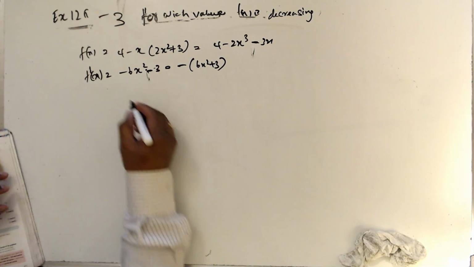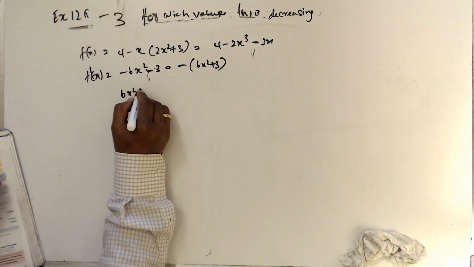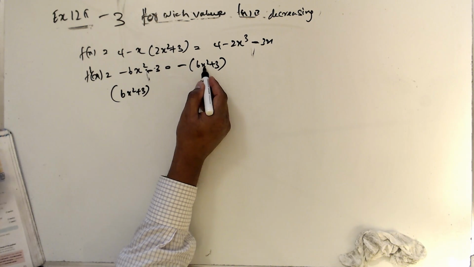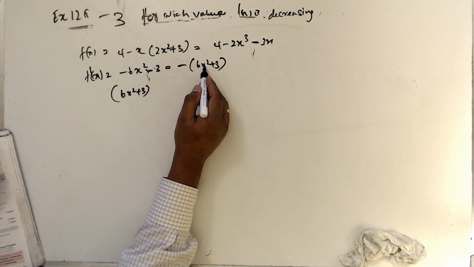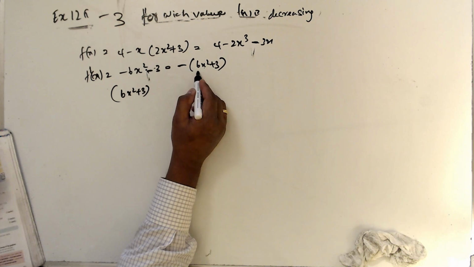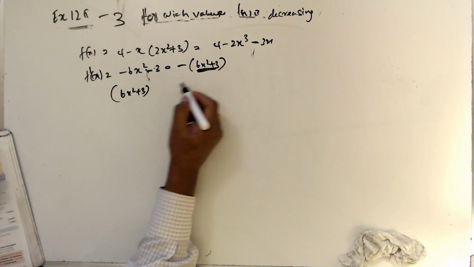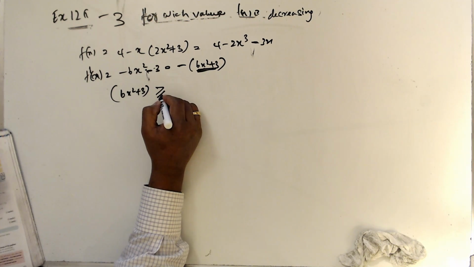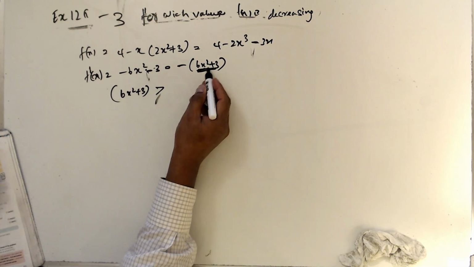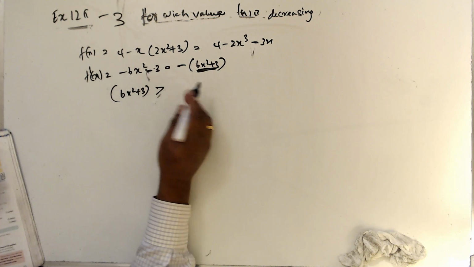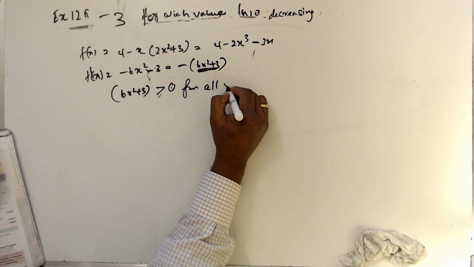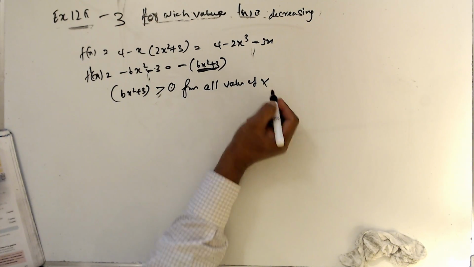The argument 6x square plus 3, you can see when you put any value for x this becomes positive. X square is positive and this whole bracket is positive, plus 3 is greater than 0 always, not even equal to 0 for all values of x.